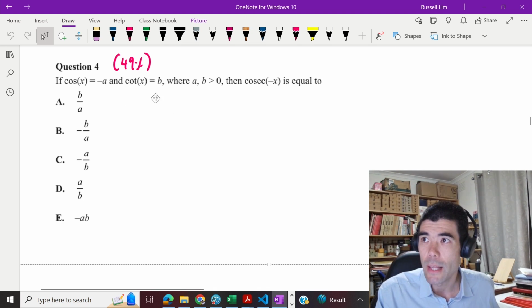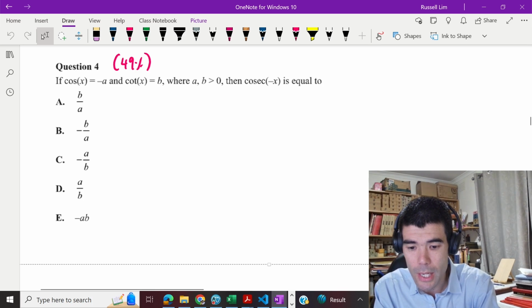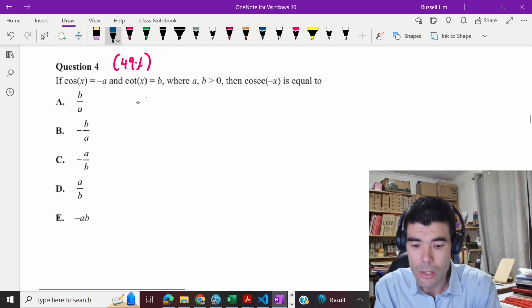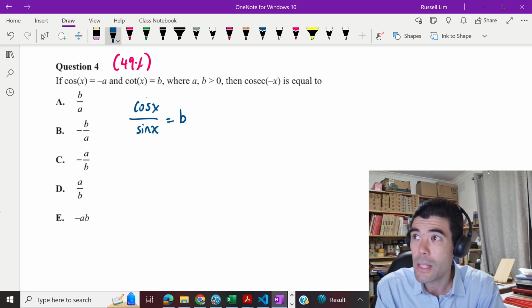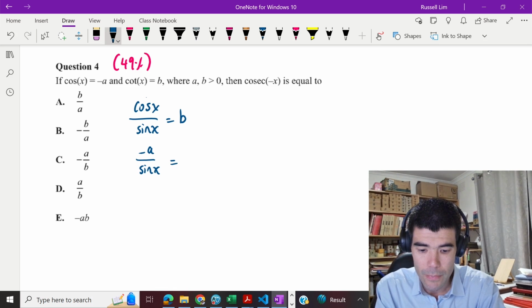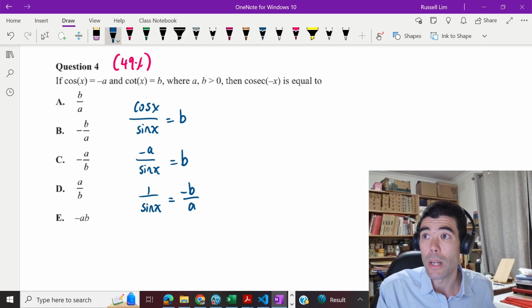We just need to write these out using the relationship between cot, cos, and cosec. So for example, cot x, we can write as cos x over sin x. And we know cos x is -a, so -a over sin x is equal to b. Well, that's good because we divide through by -a, and we get 1 over sin x is equal to -b on a.